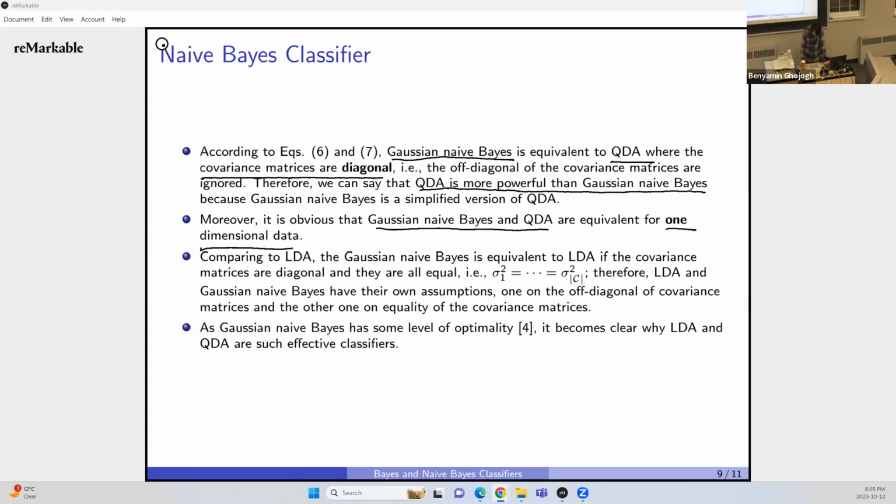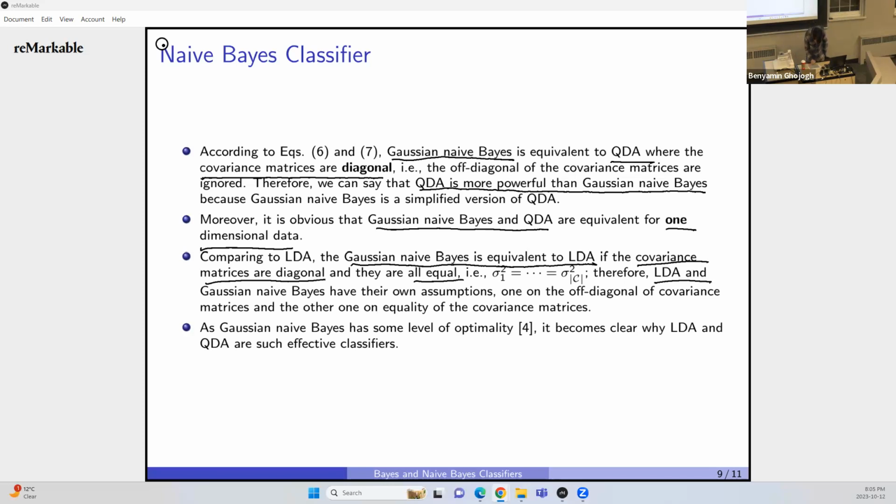Comparing to LDA now, Gaussian naive Bayes is equivalent to LDA if the covariance matrices are diagonal and also equal to each other, right? So the features are uncorrelated, and their variance is also the same. Then Gaussian naive Bayes becomes equivalent to LDA.